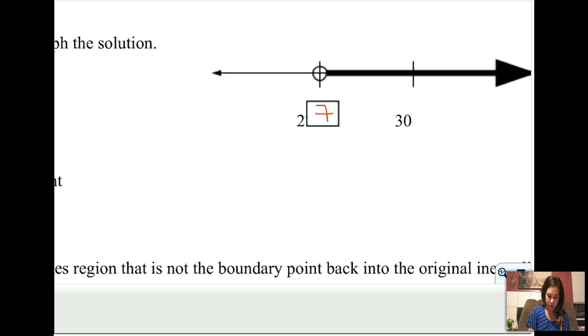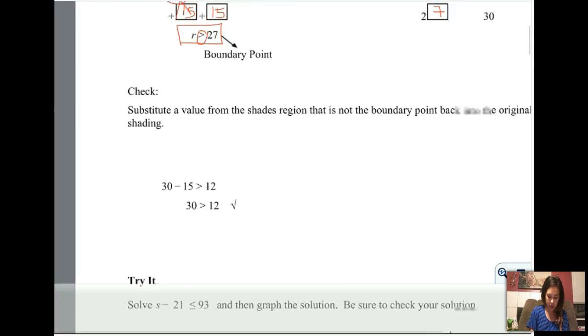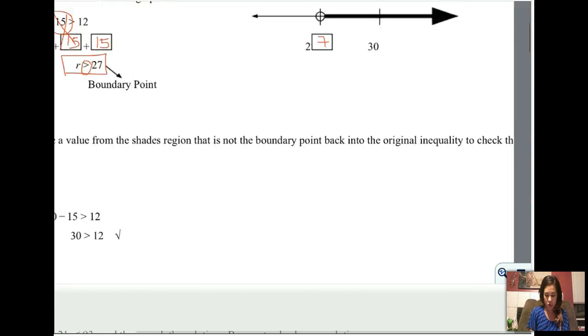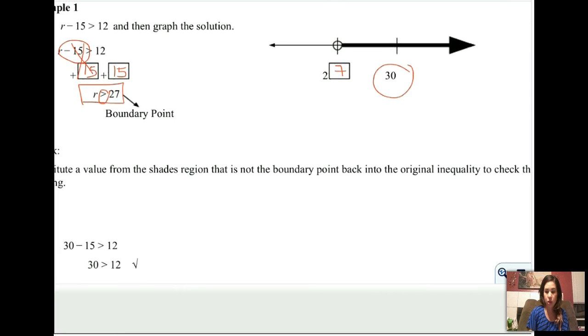Let's go ahead and look now at your check. To check that this answer is right, we're going to plug in a number. If you notice, the number that they use is the closest multiple of 10, which in this case is 30.